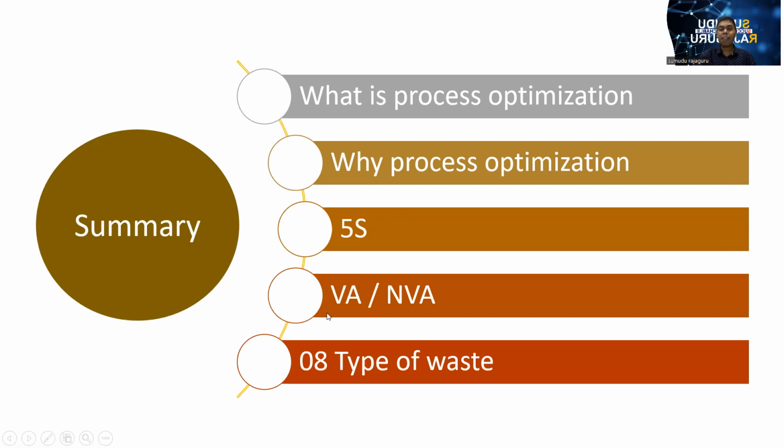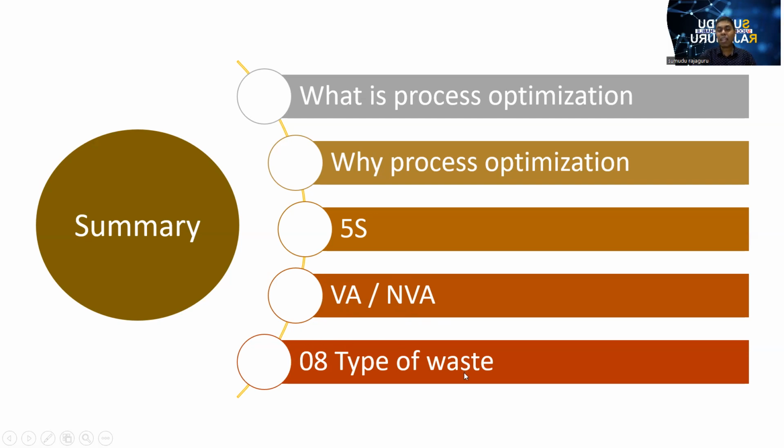If you can identify what are the value adding activities in your organization, what are the non-value adding, when you reduce the non-value adding and when you improve the value adding, definitely you will receive huge benefit. That is also one of the simplest ways of the process optimization.